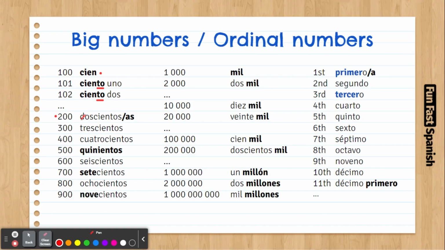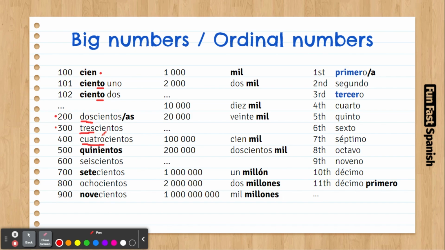And then you can carry on 201, 202, 203, 204, and so on until 300. 300, as you can see, is dos, the number two, cientos. Tres cientos, cuatro cientos, so it's not that difficult.